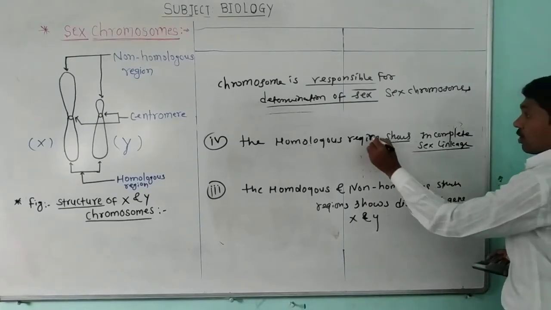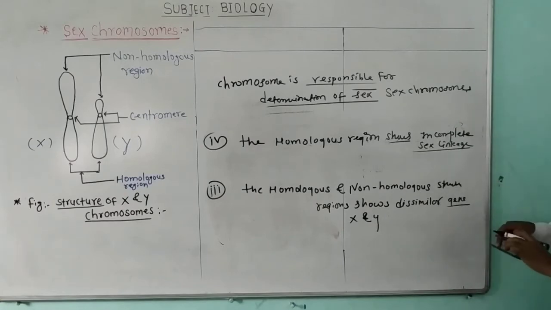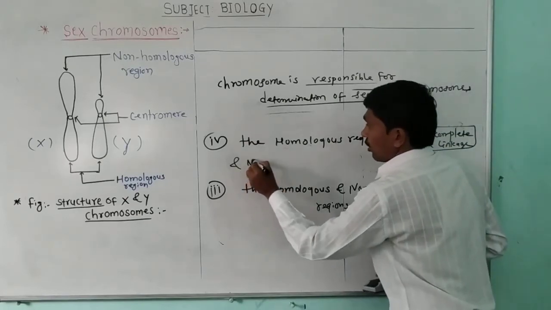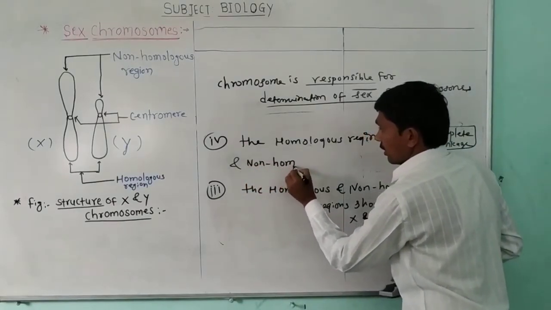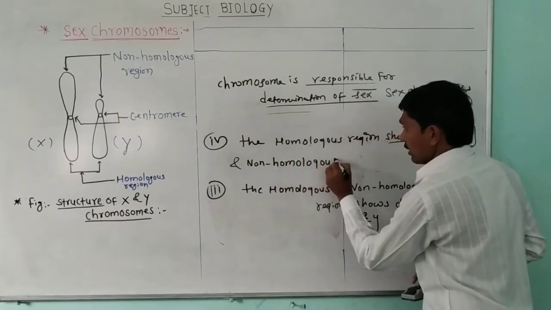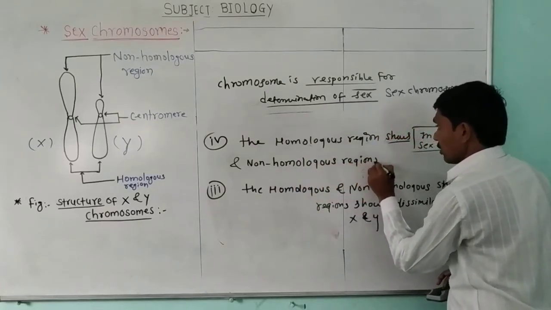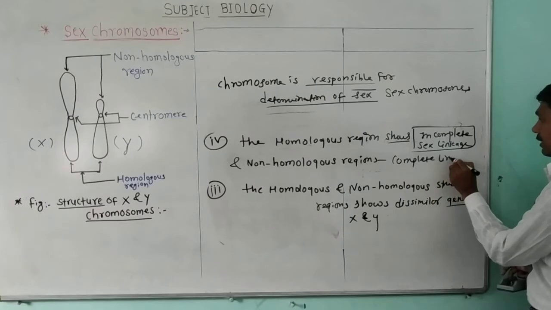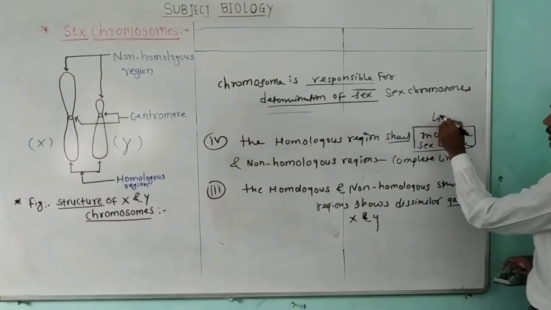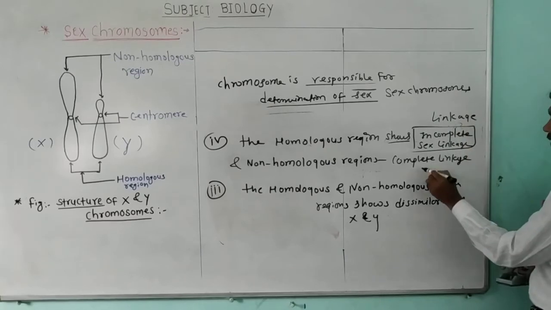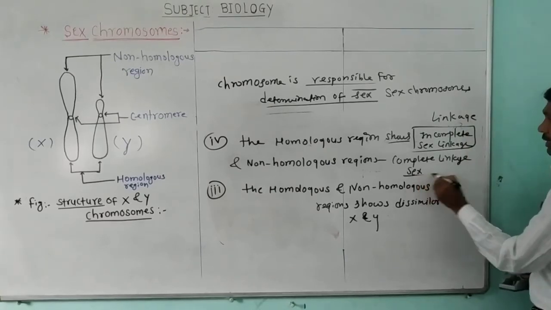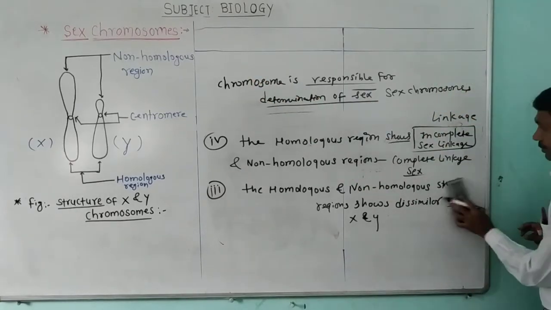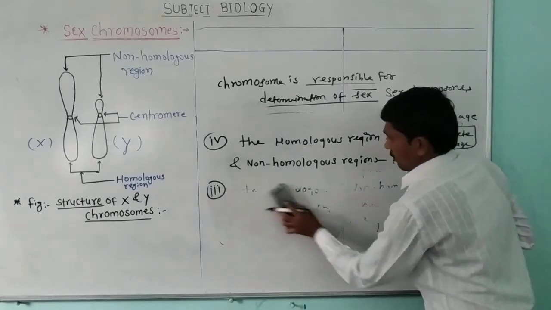So the homologous region shows incomplete sex linkage, and the non-homologous region shows complete sex linkage. Why? Because of one more important point.